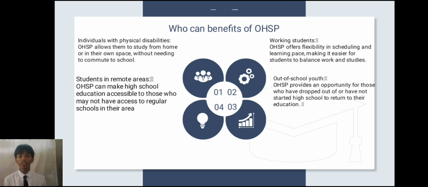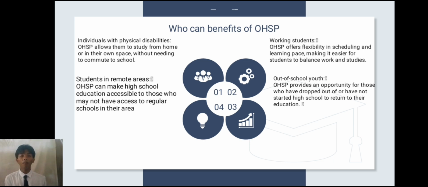Third, alternative to traditional school. OHSP provides an alternative pathway for completing high school, especially for those with specific physical impairments, work obligations, or other constraints. Fourth, accessibility. The program is available nationwide and it's not tied to the regular school year calendar.